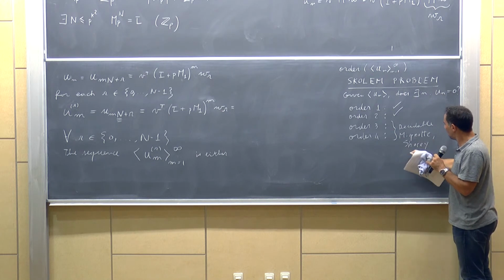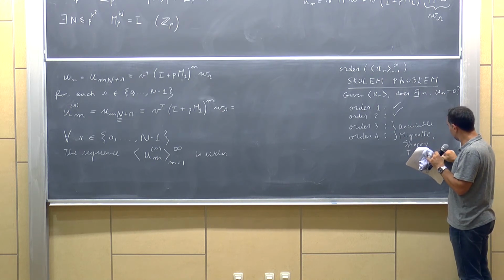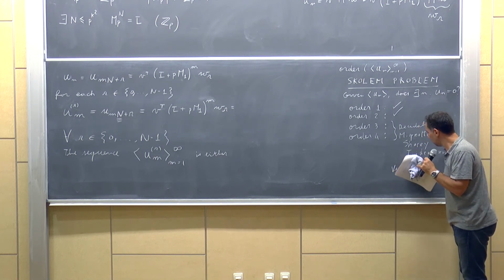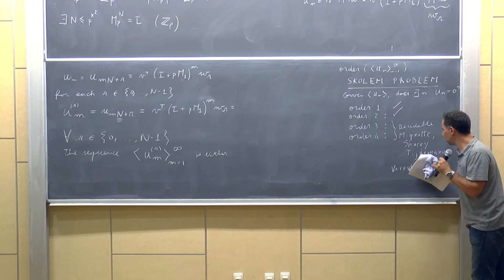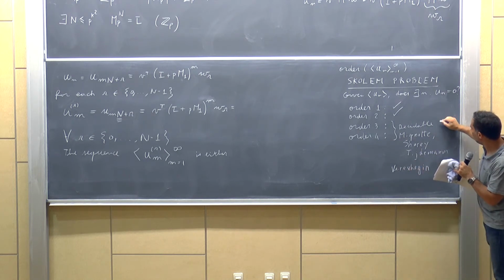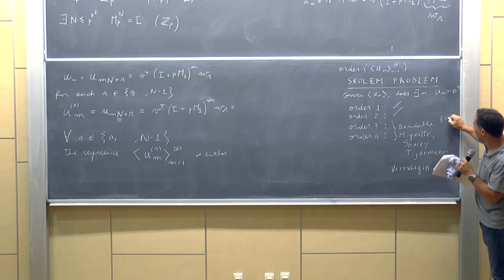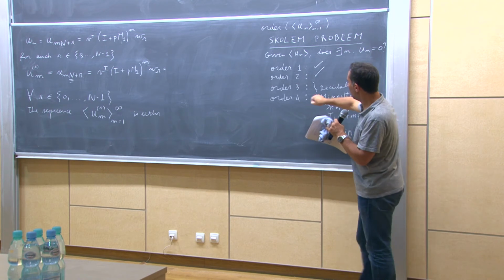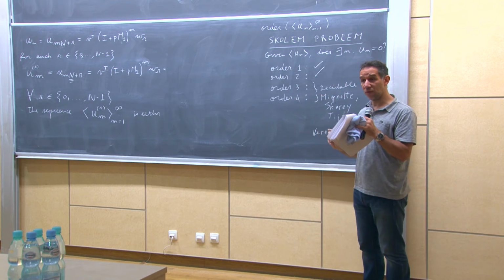Shorey and Tijdeman. And also by Vereshchagin, who is a Russian mathematician. And this was done in the early 80s. So I think this paper might have been 84. Maybe this paper was 83. And they both showed decidability at order 3 and order 4.